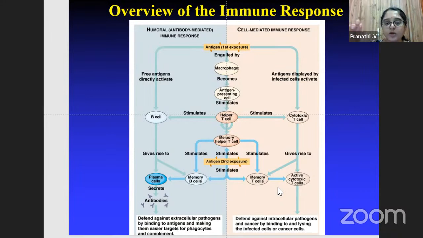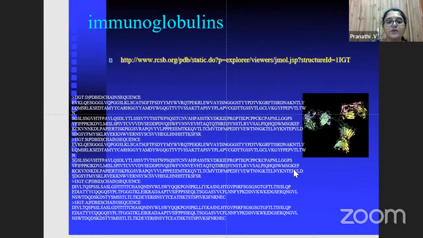So there is a humoral response that is going to take place and then a cell mediated response also after a few days. The second time, you're going to give a bigger dose. This bigger dose will trigger the immune response immediately because it has activated the memory cells that are already circulating inside the body. So this is how your humoral and cell-mediated response will be taking place.